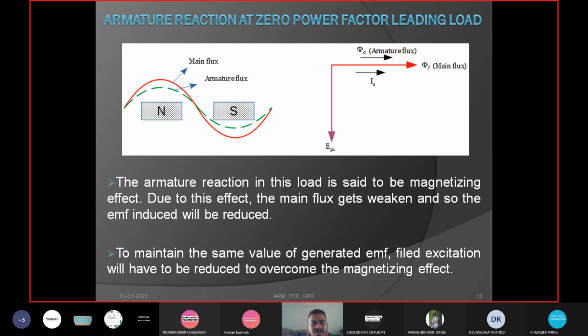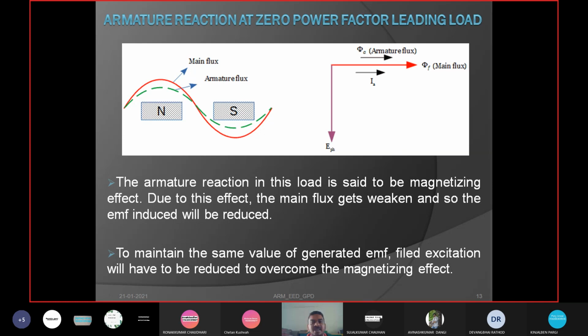That means the main field flux increases, so more flux is cut by the armature conductor, and more EMF is generated. And since the main field flux increases, this effect is known as the magnetizing effect.